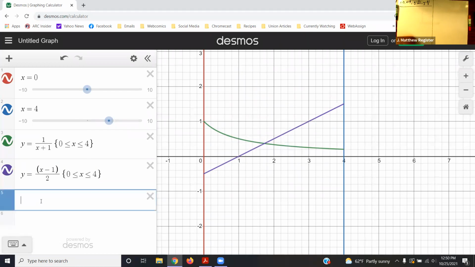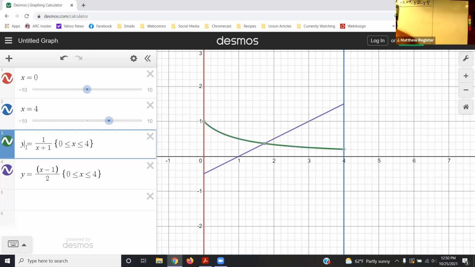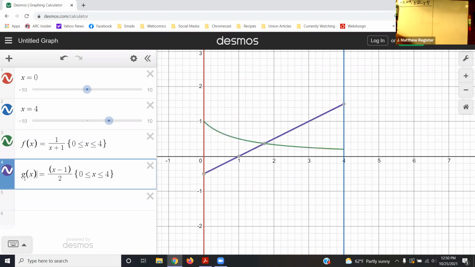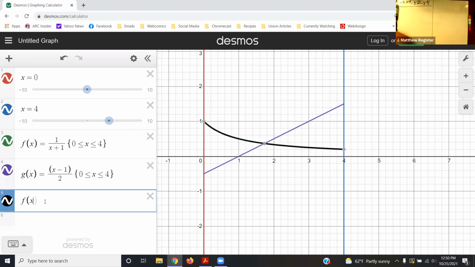Now with Desmos, I think we could even rename these as f of x and g of x. And we could even ask it to shade the stuff in between these. And so we could say, when is f of x less than or equal to y, which is less than or equal to g of x?